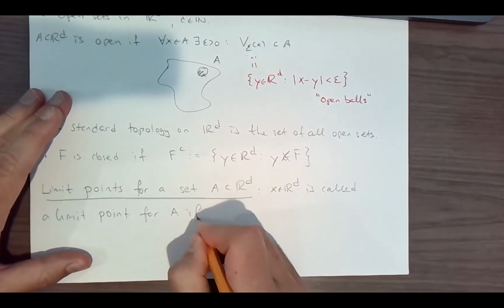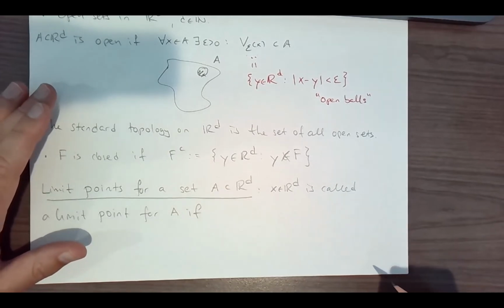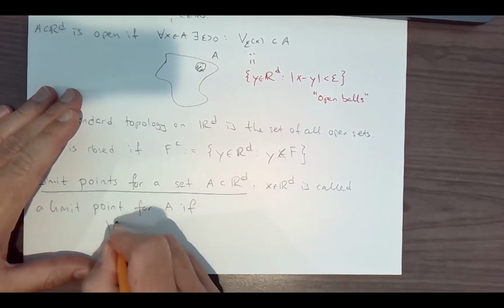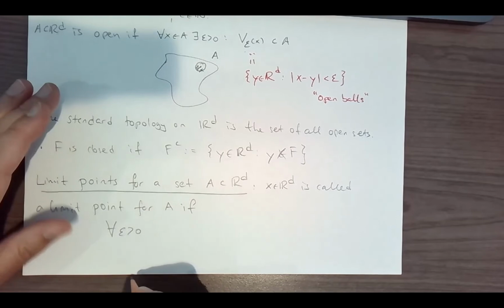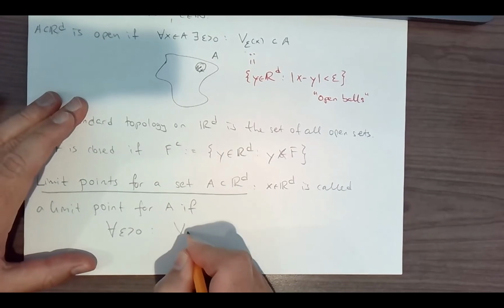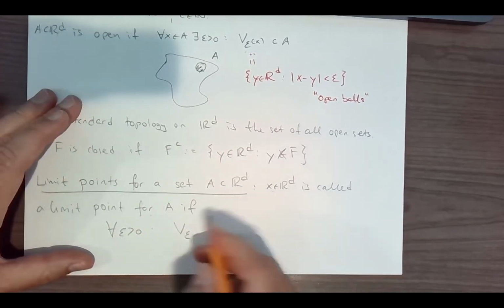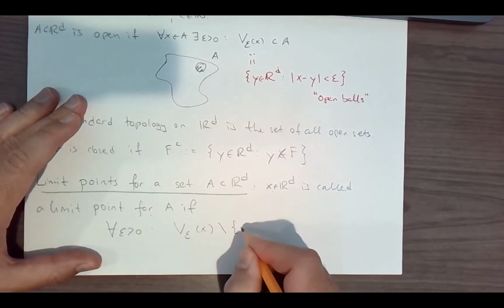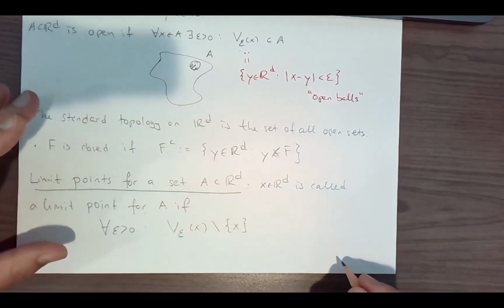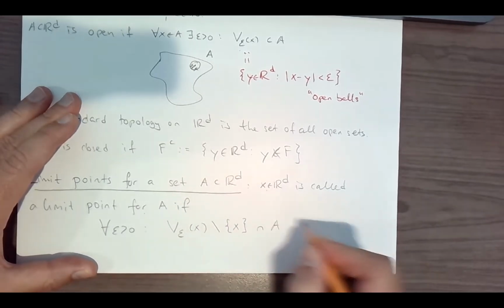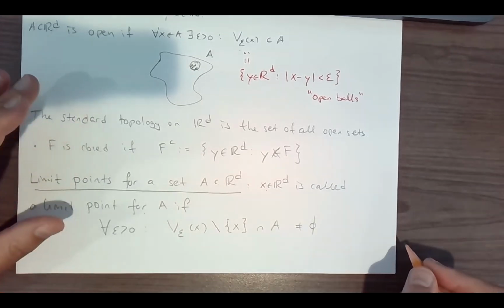If you take, for any epsilon, it's true that the neighborhood, the open ball centered at the point, with the point X removed from it, right, so I take the ball, I take the center away, and I intersect with A, is not empty.